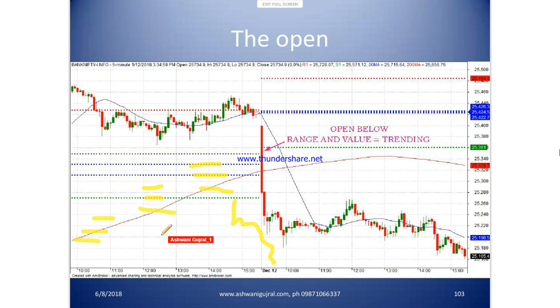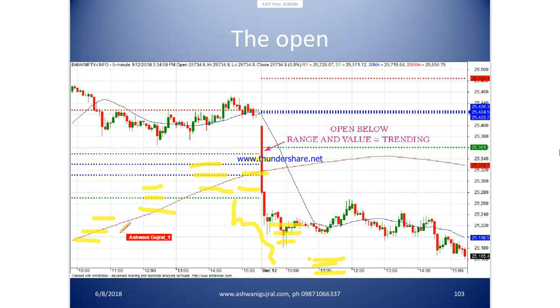So generally the way trends end is that you had this upside going on, and the next day the market opens below the pivot and keeps going lower. So this is a trend change. So the day after this, you will start to get pivots on the downside. So often trends are changed with gaps.